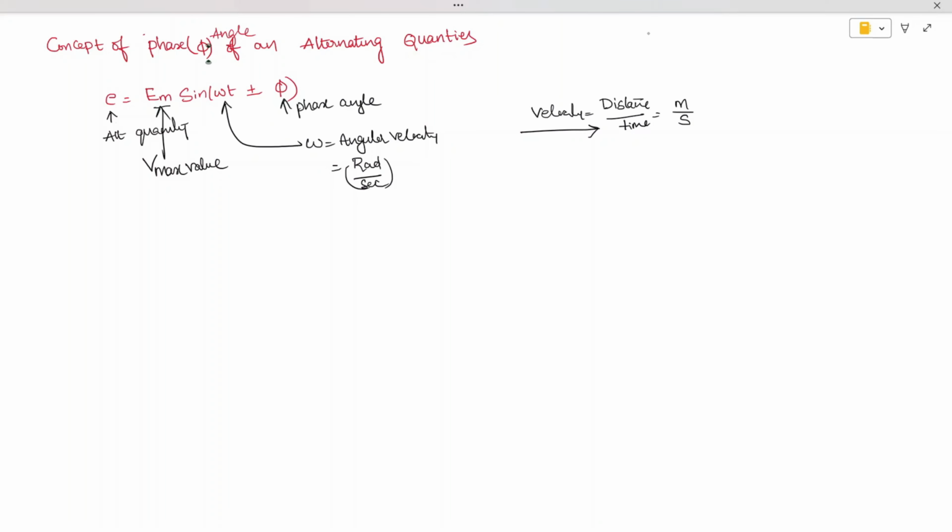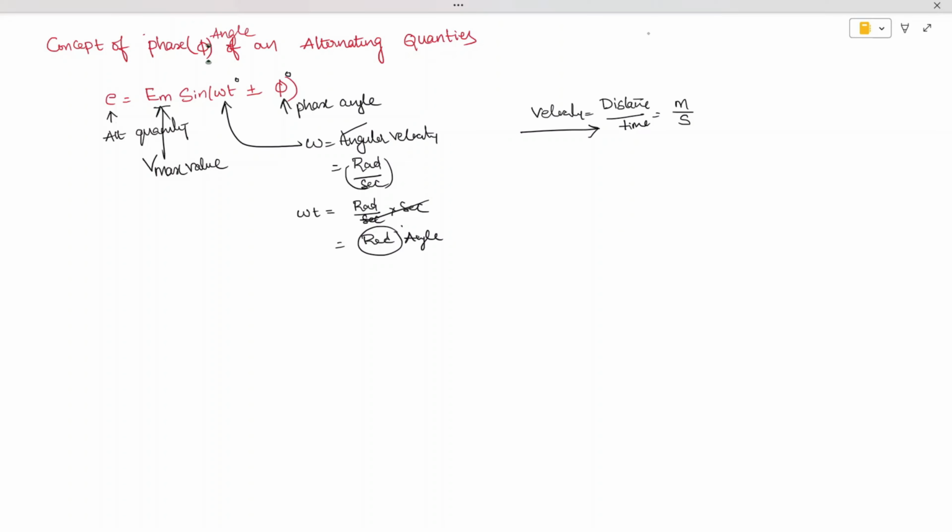This is linear velocity, this is angular velocity, and this value is multiplied with t. So angular velocity omega can be written as radian by second into second. The seconds cancel and this is nothing but radian, like an angle. Phi is also an angle, and omega t you also get in degrees. Therefore degrees plus degrees you can add, or degrees minus degrees you can subtract, where phase is the phi angle.